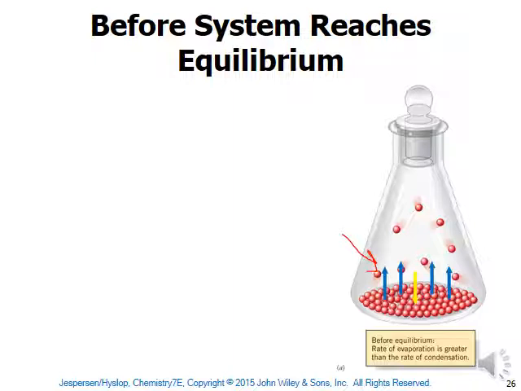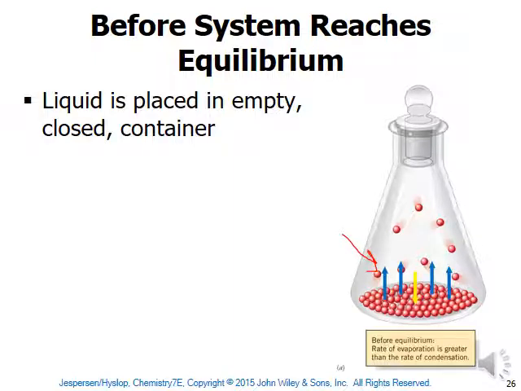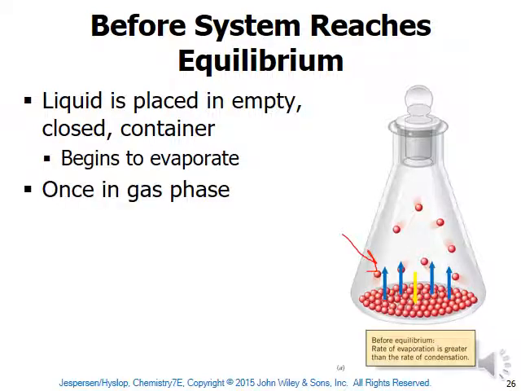And what happens is that some of the particles are going to start to escape, because of surface area, intermolecular interactions, and the temperature. So the liquid is placed in an empty closed container, and it begins to evaporate.